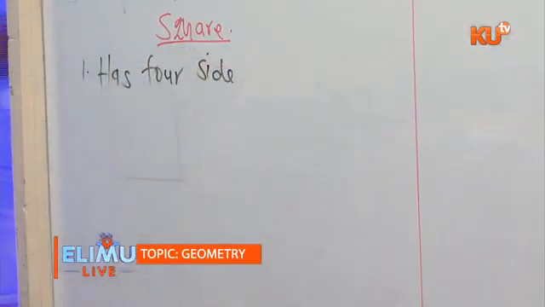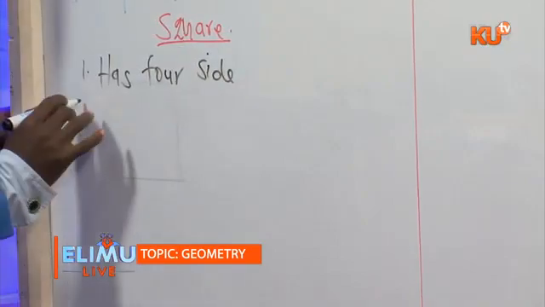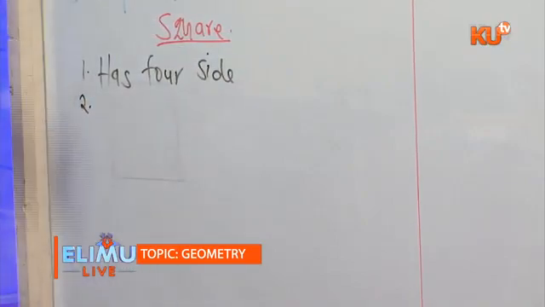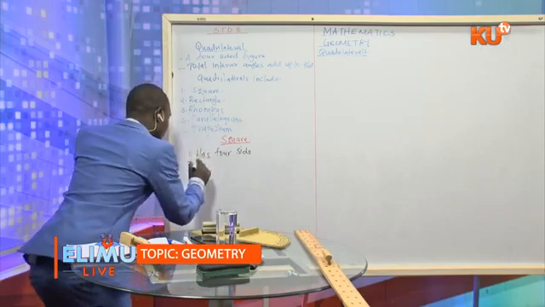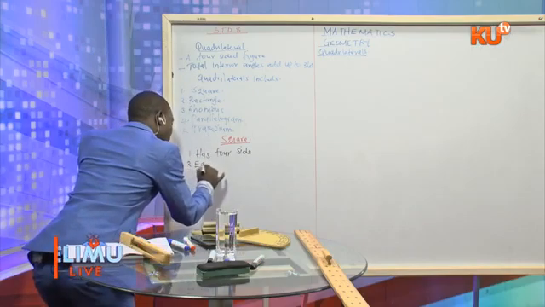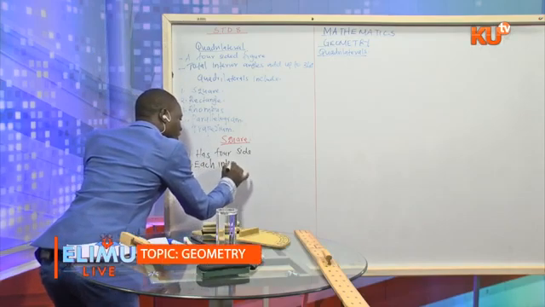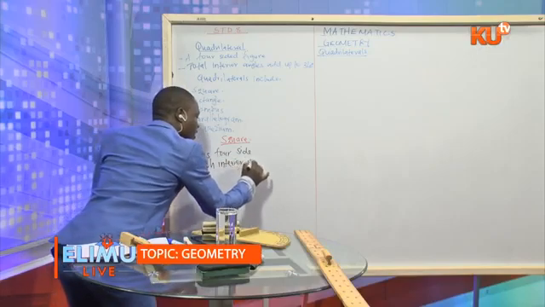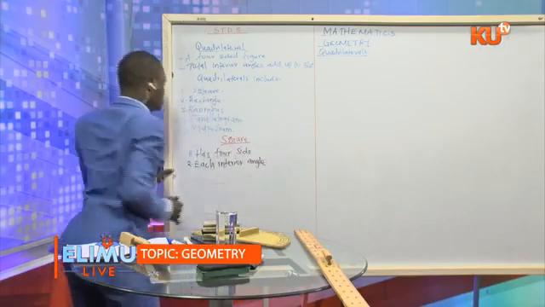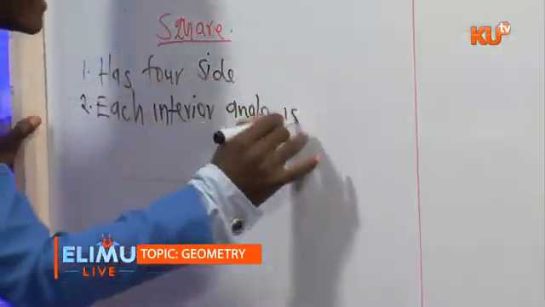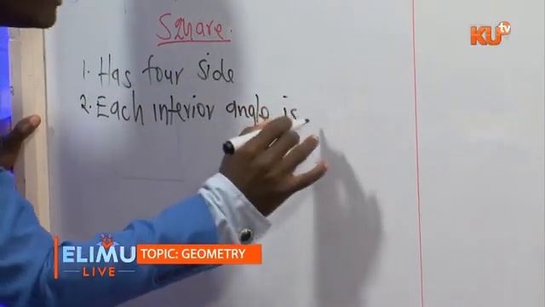Like I said earlier, these two properties of quadrilaterals are shared by all the five quadrilaterals I've written here. The second property of a square is that each interior angle is a right angle.